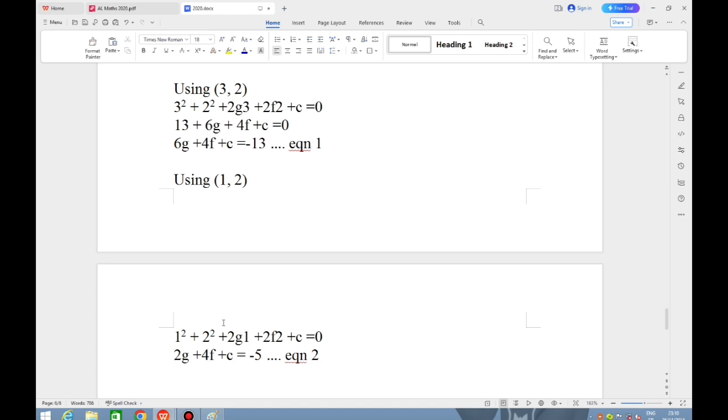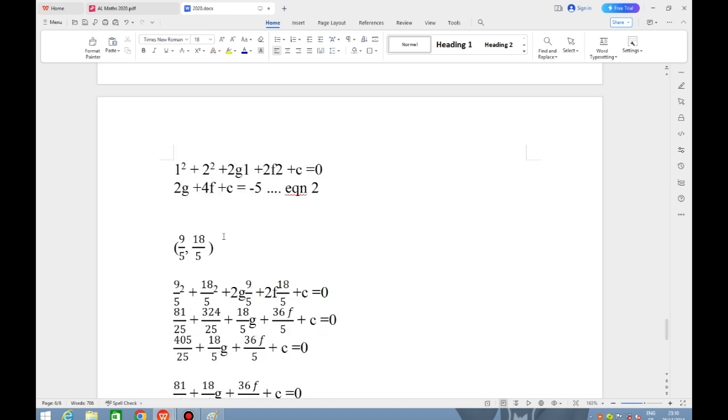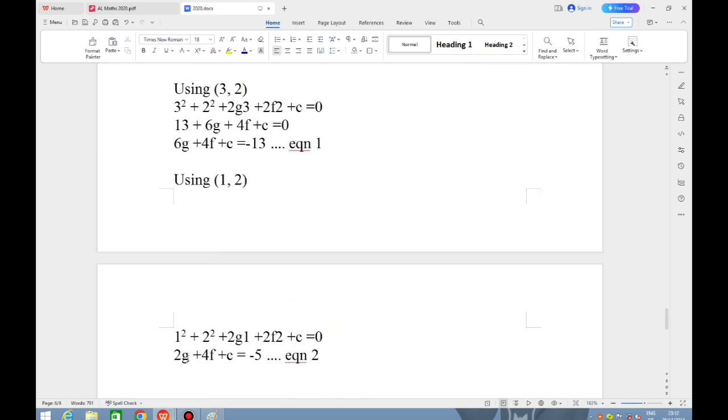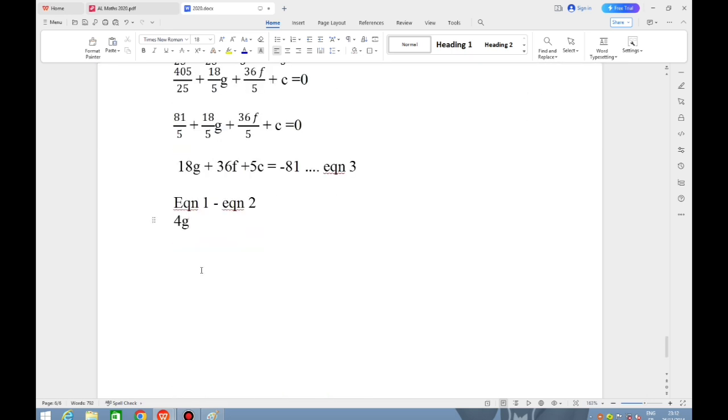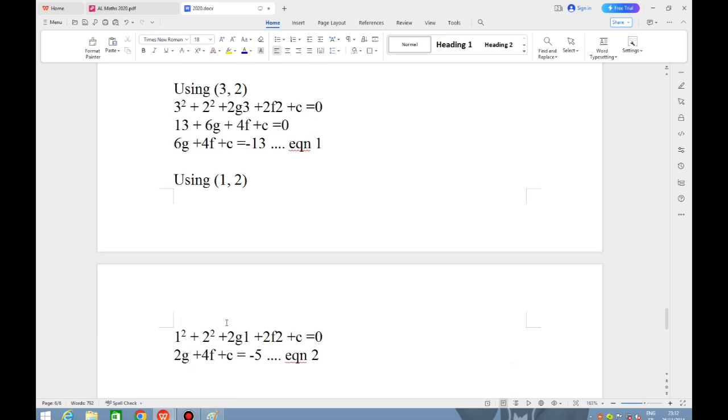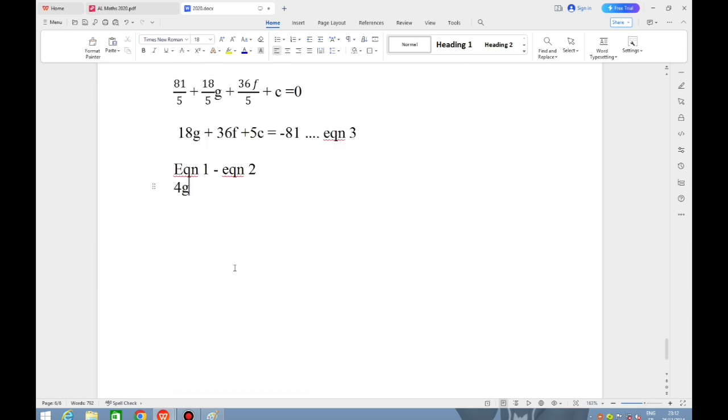So if you subtract equation 1 from equation 2, we are able to eliminate C. We have 6G minus 2G is equal to 4G, 4F minus 4F is equal to 0, C minus C is equal to 0, and minus 13 minus 5 is equal to minus 8. So 4G is equal to minus 8, implying that G is equal to minus 2. This is the value of G we've gotten.